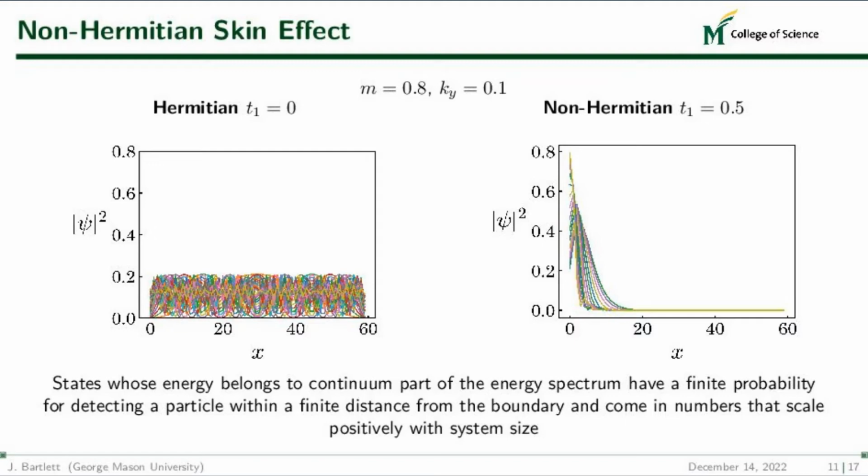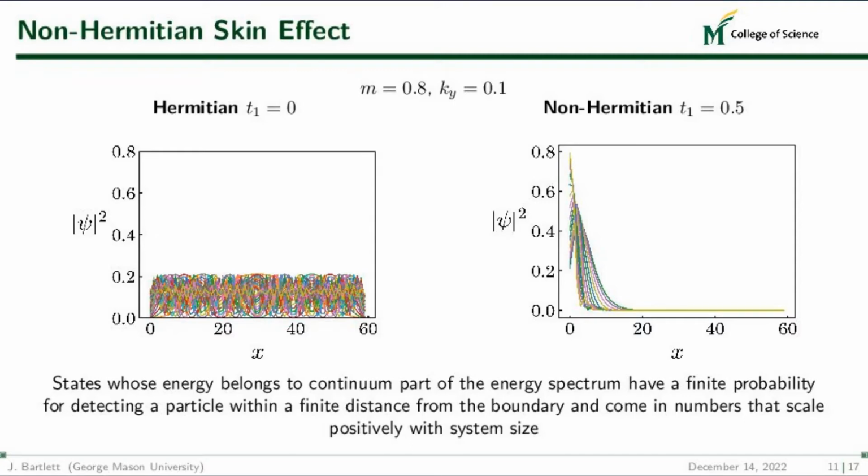If we now introduce this non-reciprocal non-Hermitian term, we see on the right that these bulk eigenstates are now all localizing towards the one side of the lattice. And so this is what's causing our bulk boundary correspondence breakdown.